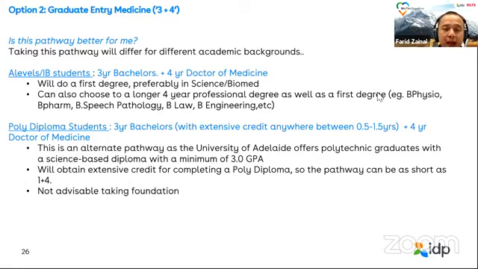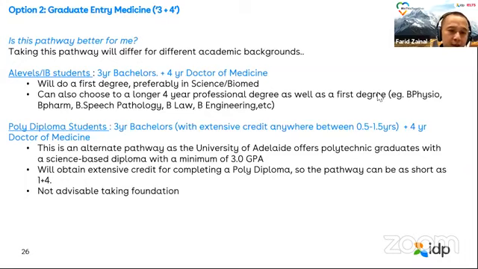This will mostly apply if you're exploring doing a bachelor degree with similar content to your Polytechnic diploma. So with a shorter bachelor degree, you can still look to explore doing the Doctor of Medicine program, right?